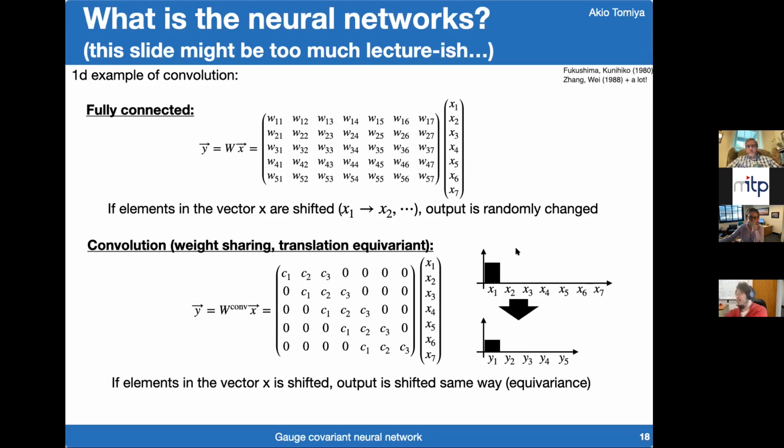This is the input and the bottom is the output, and if the input is shifted, the output is also shifted. They move in the same direction. They are transformed in the same way. So if the elements of vector x are shifted, the output is shifted the same way. This is so-called equivariance.